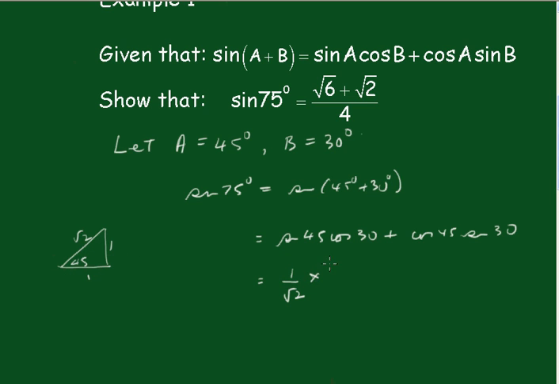And the cos of 30 is root 3 over 2. Again, that comes from this little diagram. You've got your 2, there's your 1 there, which is 60 degrees. There's your root 3. So you can see the cos of 30 is, 30 is up here, root 3 on 2, plus cos of 45 again is 1 over root 2, and the sine of 30 is going to be a half.